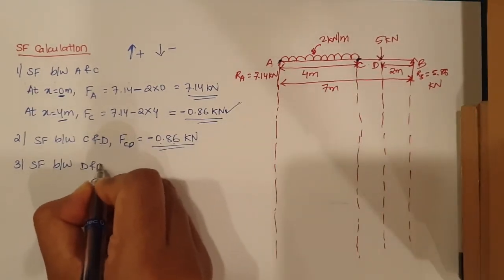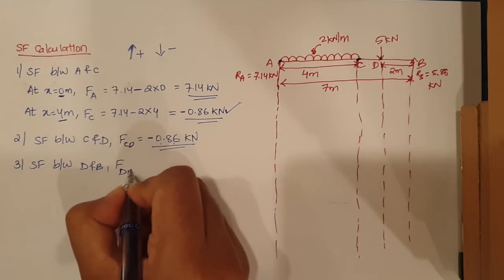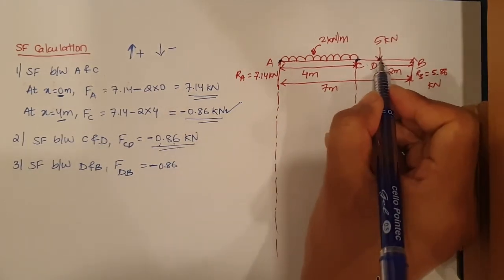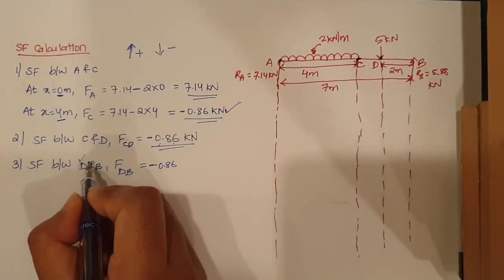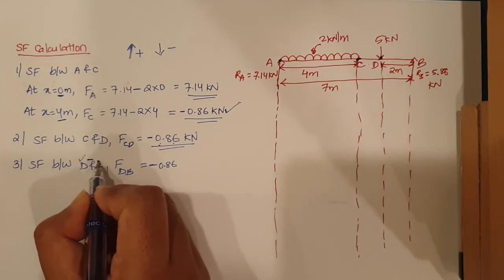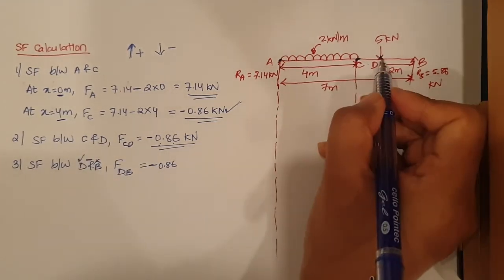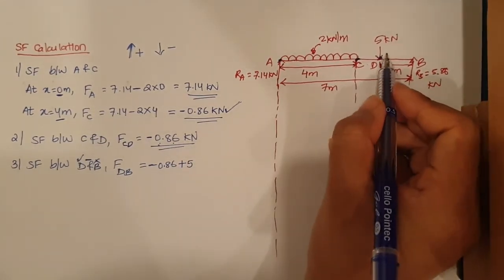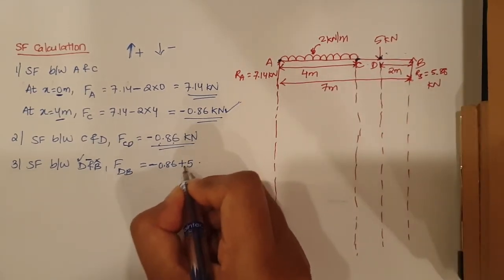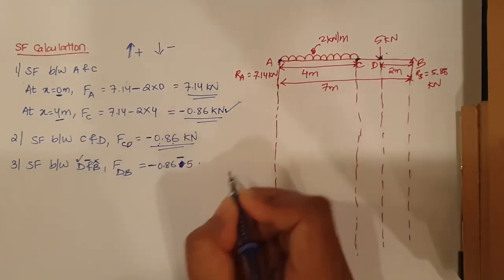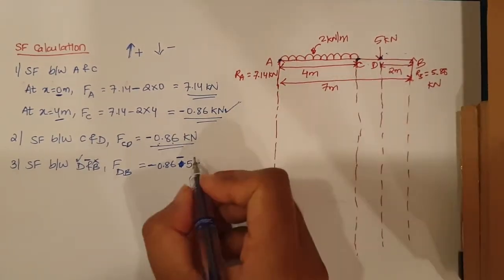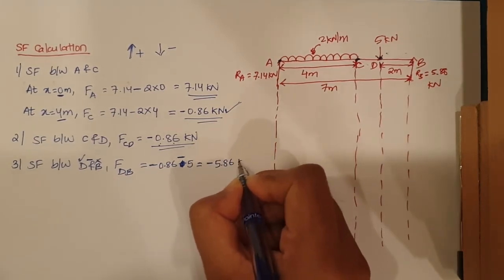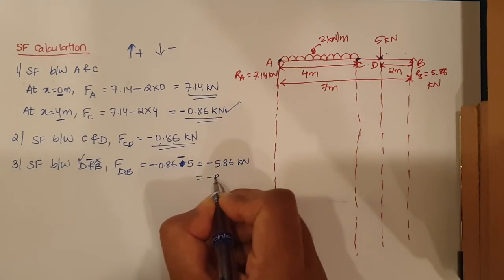Now the third one, shear force between D and B. So shear force between D and B will be equal to, how much did we get last? Minus 0.86. Now we need to take what is coming at D, and any force in between, and not take what is coming at B. So at D the force coming is 5, and it is coming from top, so it is minus 5. In between there are no other forces, so it will be equal to minus 5.86 kilonewton, which is equal to minus RB.